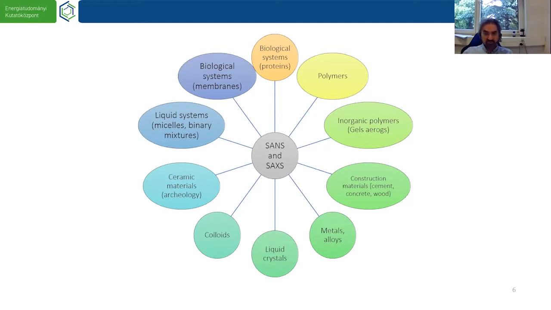Now in industry, people are interested in real materials like construction materials, like concrete or cement or wood, or in metals or metallic alloys, which normally are homogeneous, but in case they have some inclusions like precipitates or other phases, then this is again the object of small angle scattering to see it.